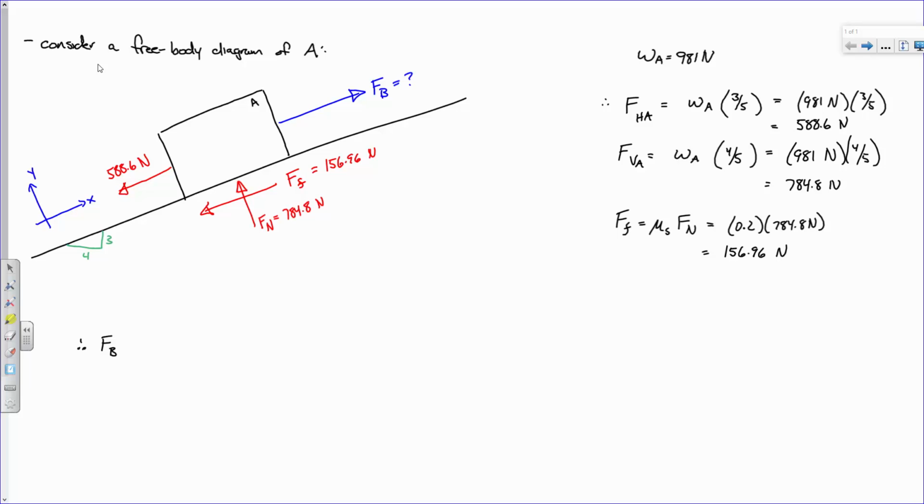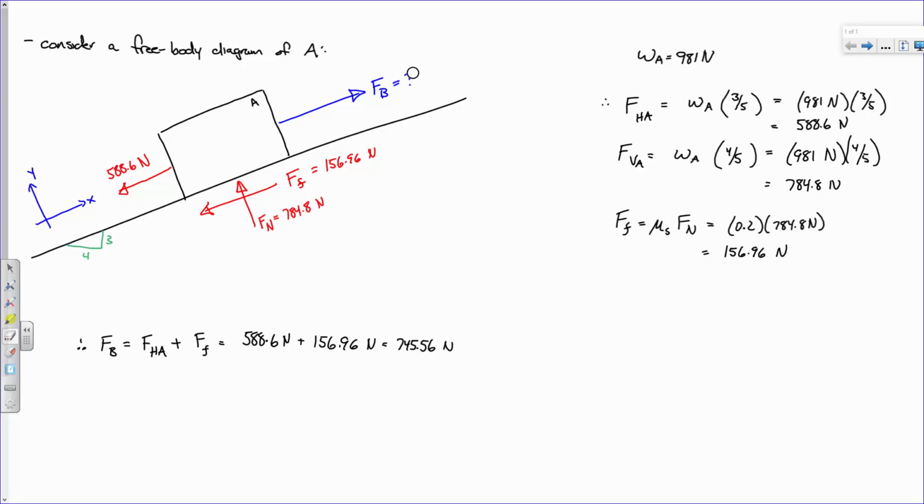So F sub B is basically just going to be the 588.6 plus the friction force. In other words, 588.6 plus 156.96, which is what? 735.56.